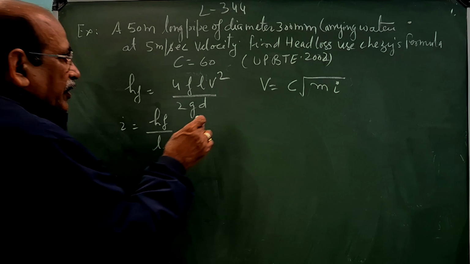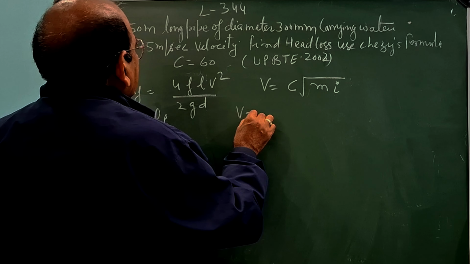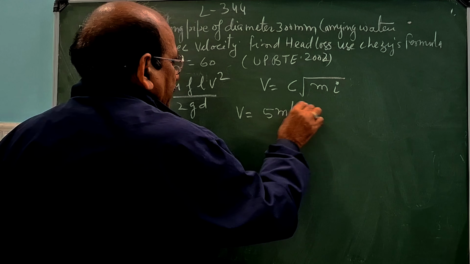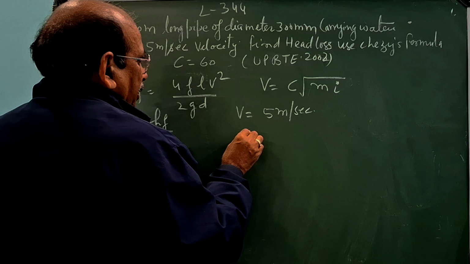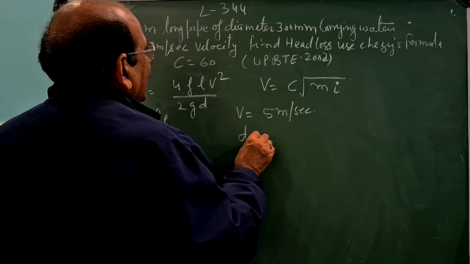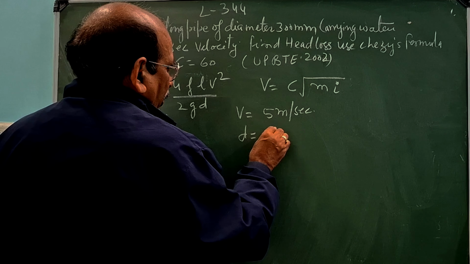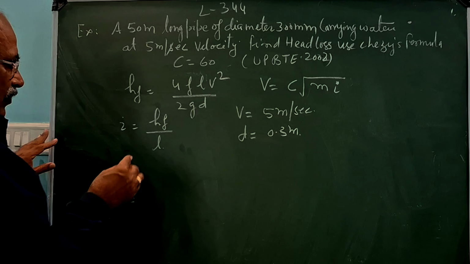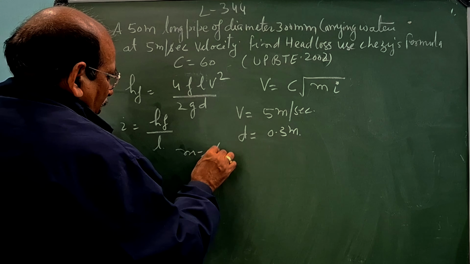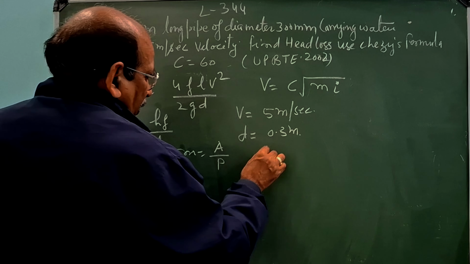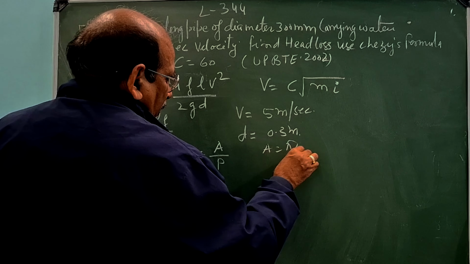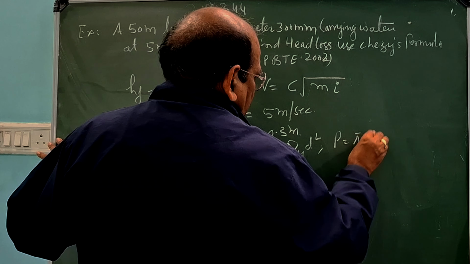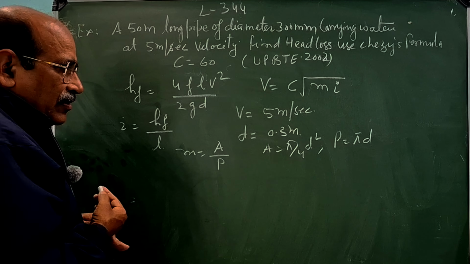So what will you do? V equals to how much? This is given, that is 5 meter per second, right? And D equals to 300 mm, that is 0.3 meter. Now let us find out the m. m is equal to A by P. So A equals to pi by 4 D square and P is equal to pi D. This is for circular pipe.